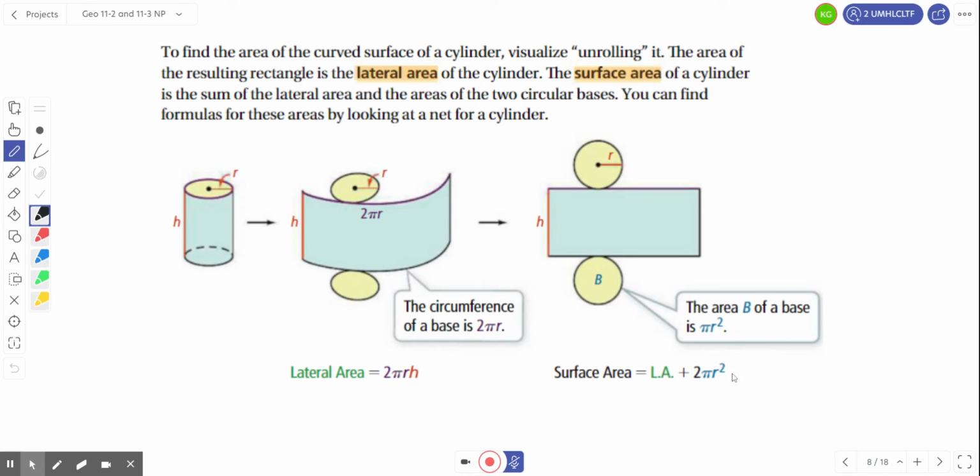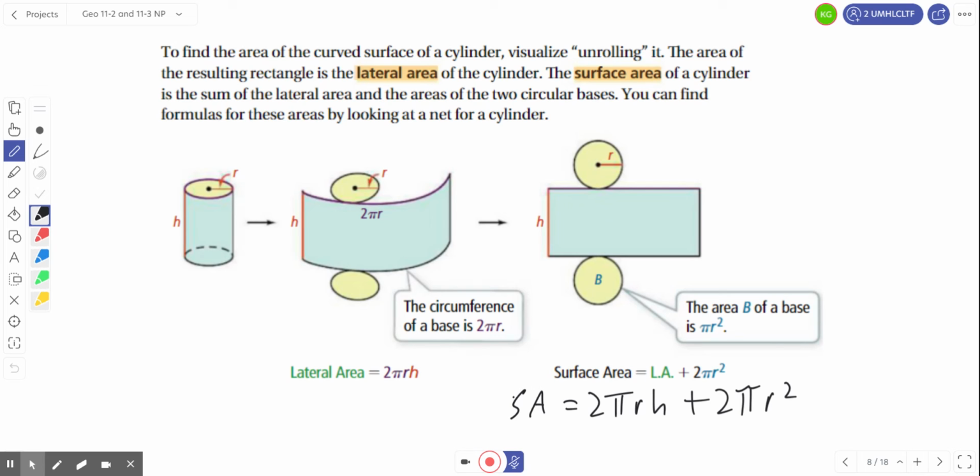The whole area is the 2 circles plus the rectangle. So the rectangle is 2 pi r times h. So the surface area, if we unpack this a little bit, is 2 pi rh plus 2 pi r squared.